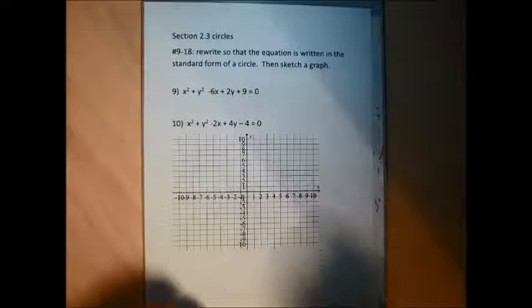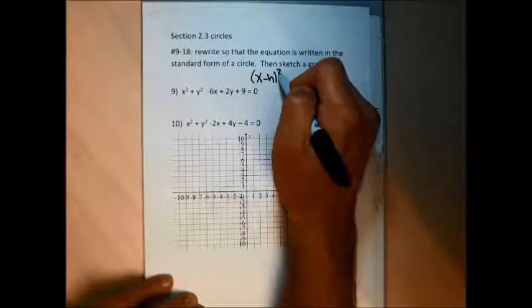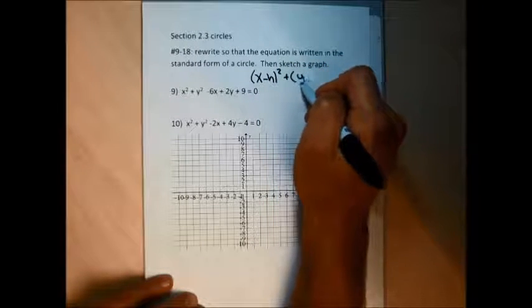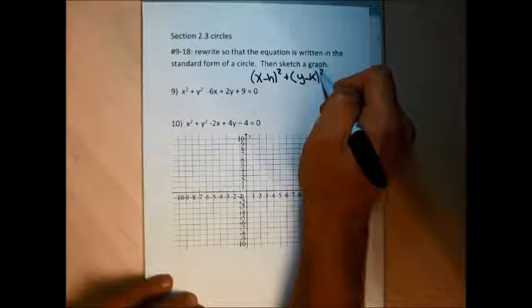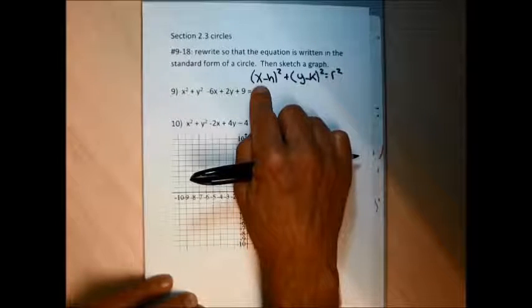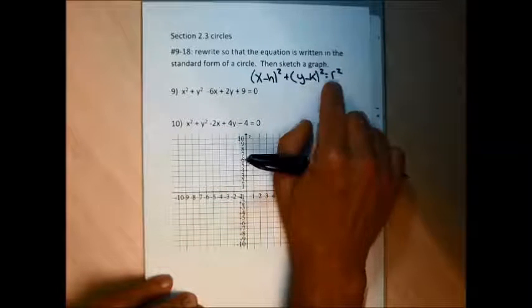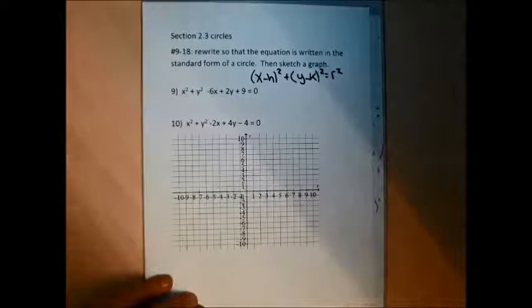A standard form of a circle, again, is (x - h)² + (y - k)² = r². So there's only one x, it's inside a parentheses with a square. There's only one y, it's inside a parentheses with a square. And to the right of the equal sign, there's the radius squared.